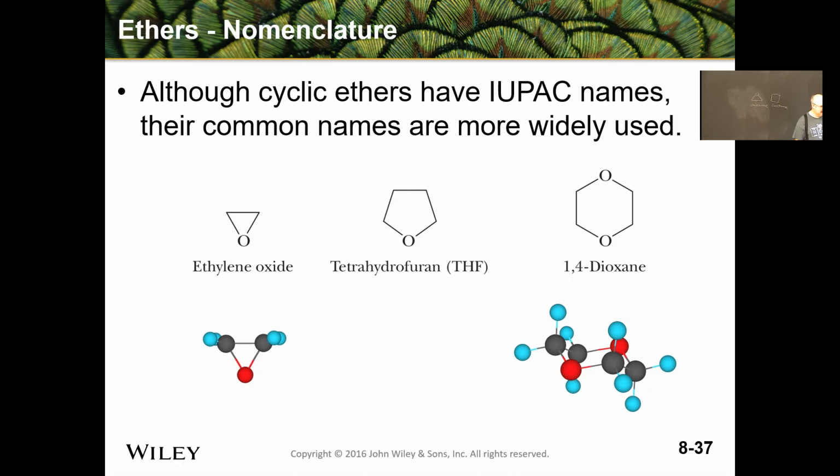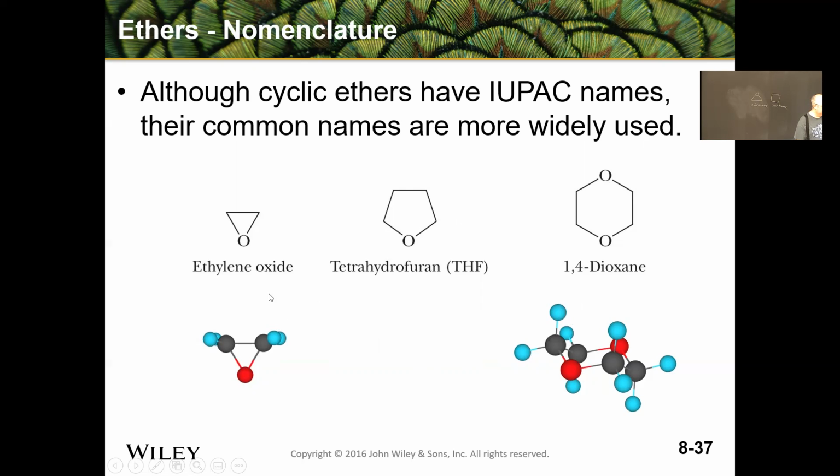Okay, the last compound is 1,4-dioxane. This one has two ether groups. We start numbering at one of the oxygens, so that's where we get the 1,4. These last two are widely used as solvents.